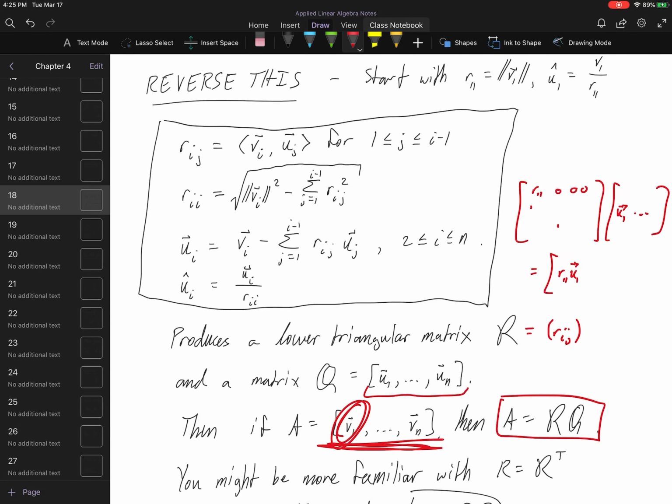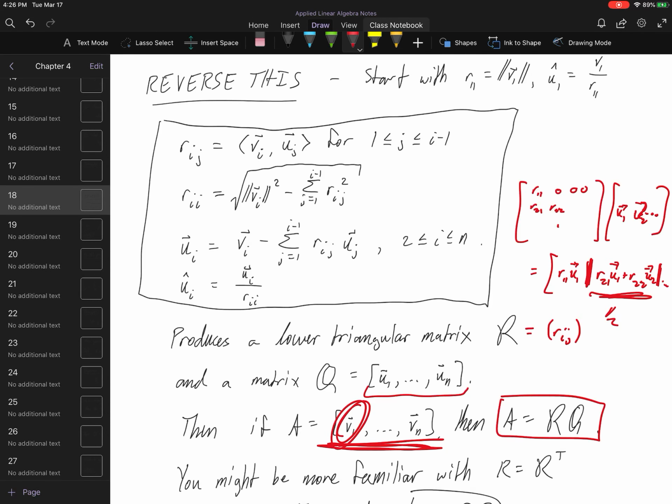If you go down to the next row in this matrix, I'd have an R21 and an R22. Then I'd also have to consider the U2 vector in here. So the next element of my matrix would be R21 times U1 plus R22 times U2.